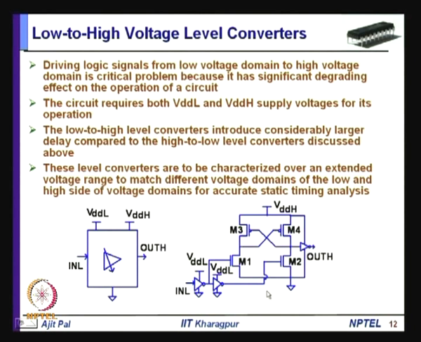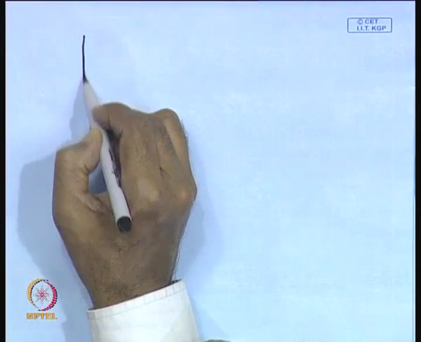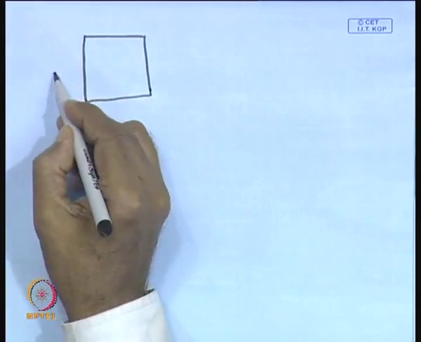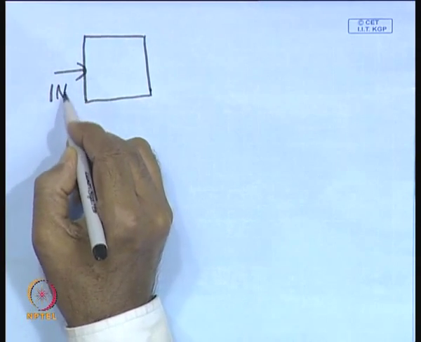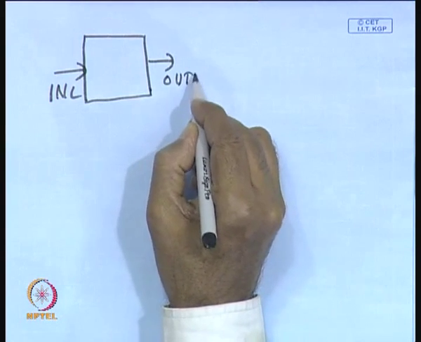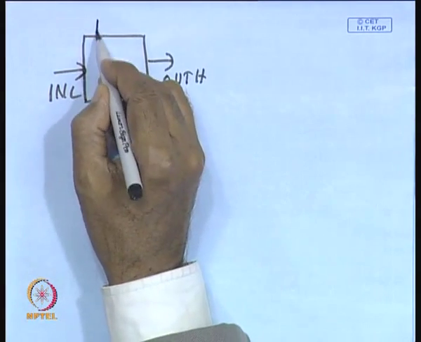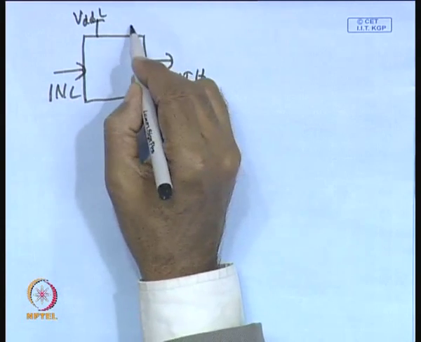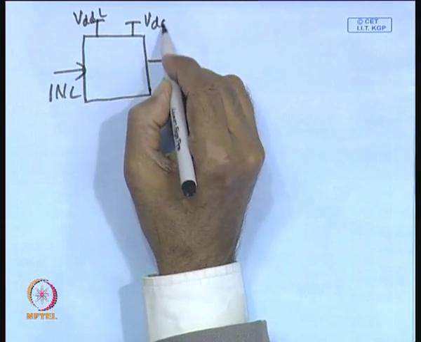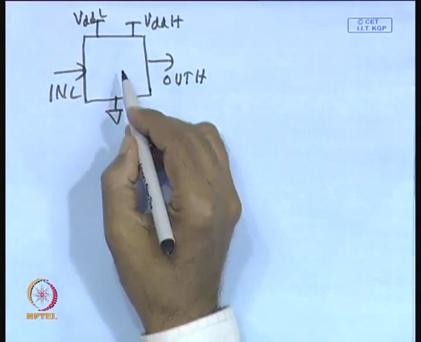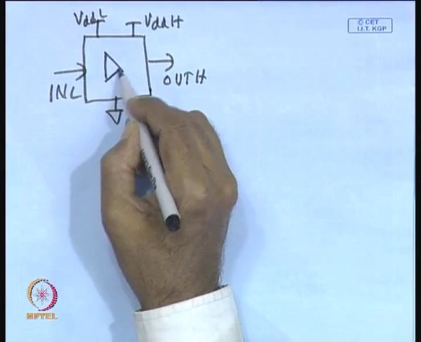You will require a level converter which is given this symbol: a block that receives input at low level and produces output at high level. It is provided with two different supply voltages, VDDL and VDDH, and of course there is a common ground. So, this is the symbol of a level converter.